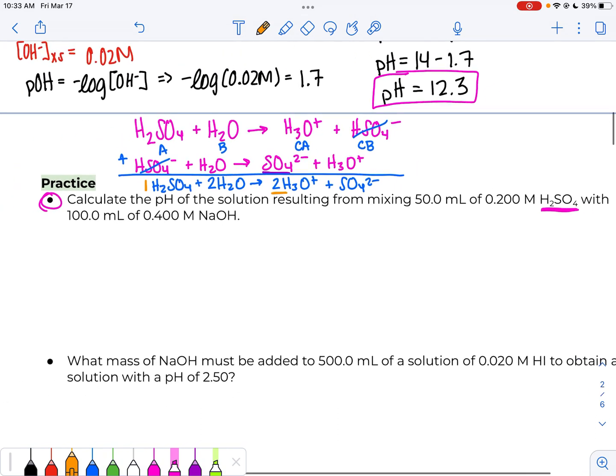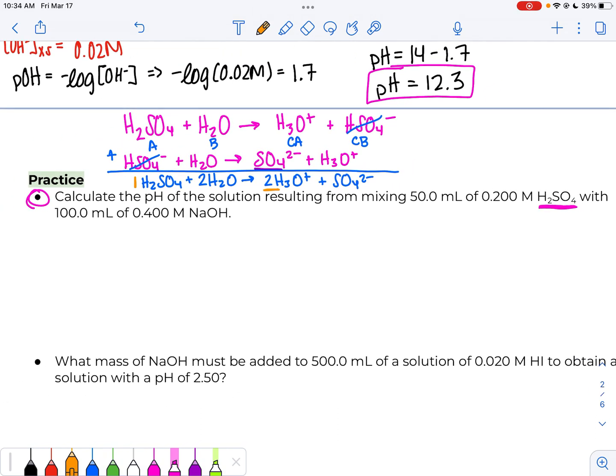So let's actually get into the problem, figure out what we need. Calculate the pH of a solution resulting from mixing 50 milliliters of 0.2 molar H2SO4 with 100 milliliters of 0.4 molar NaOH.